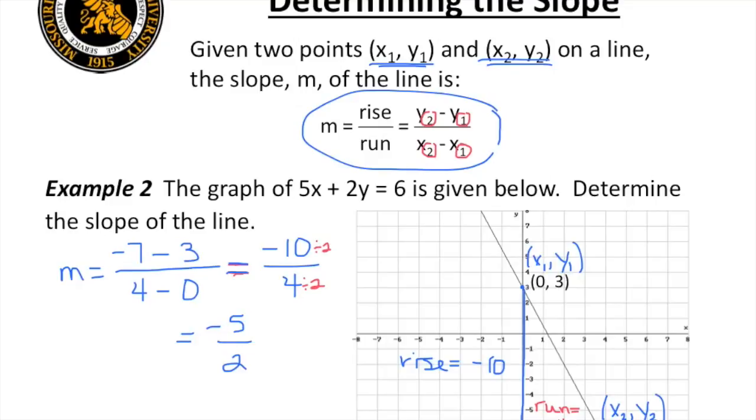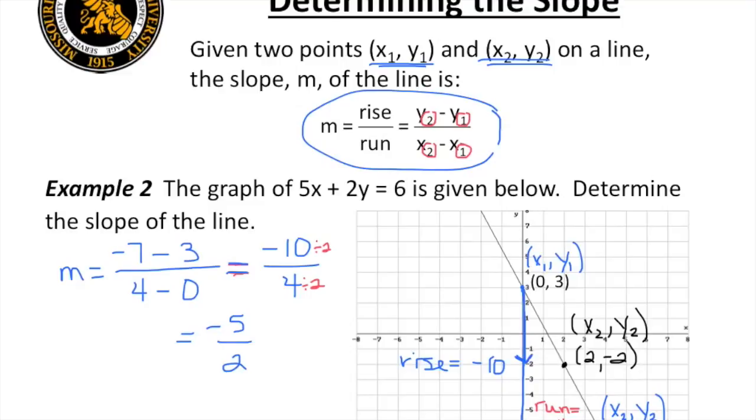Consider using 0, 3, and instead of 4, -7, since I see a nice integer valued point at 2, -2, if I had chosen to use that point as my x sub 2, y sub 2, I would get the same slope. Checking that with our graph, we see that to move from 0, 3 to 2, -2, we would still need to move down 5.